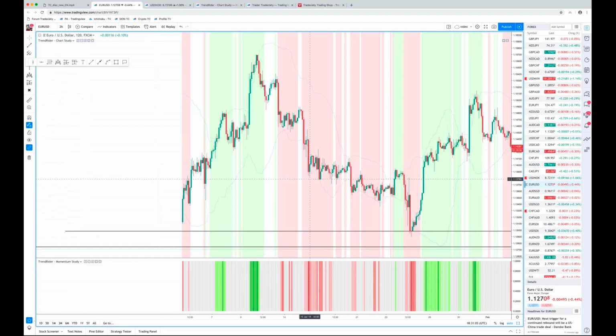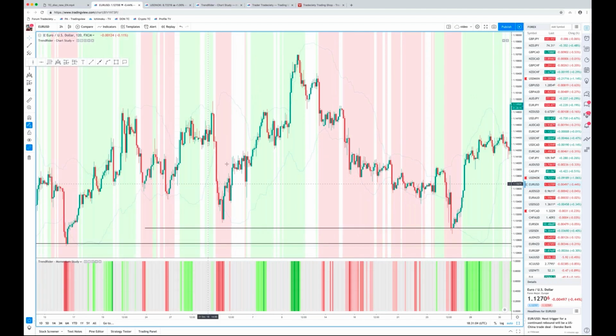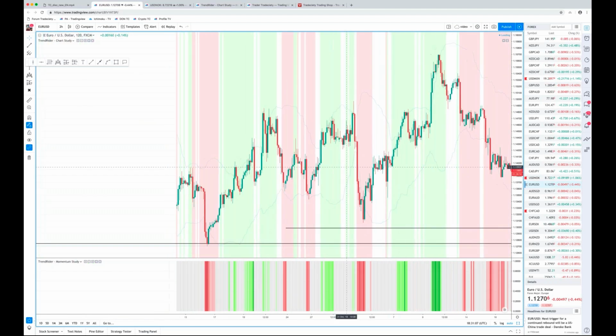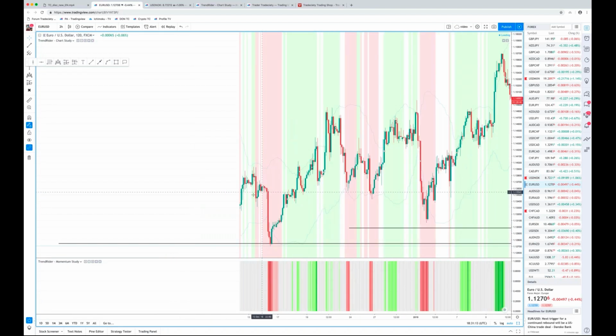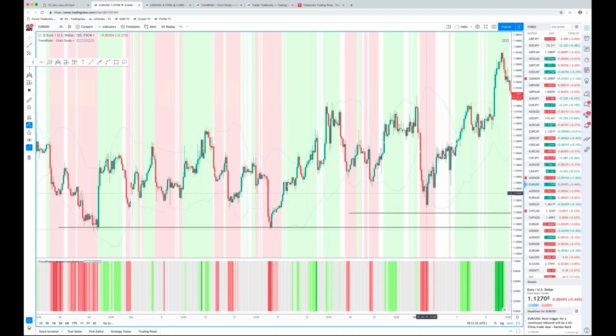But then there will be other periods where it is just a nasty market, where there's no direction. It is going up and down. You're whipped around. There's a lot of uncertainty, a lot of volatility, and therefore you cannot trade the same pairs every week. Here, for example, the market was in a nasty sideways consolidation.